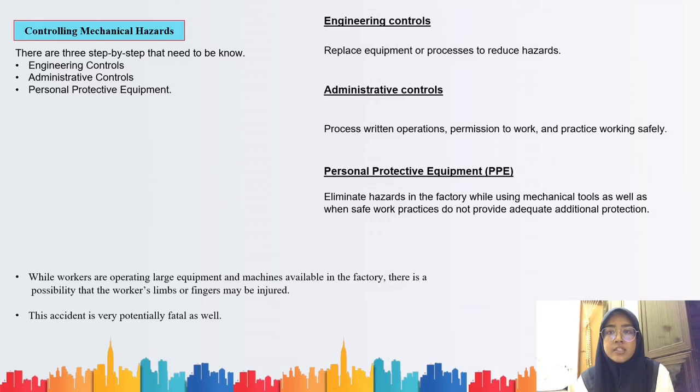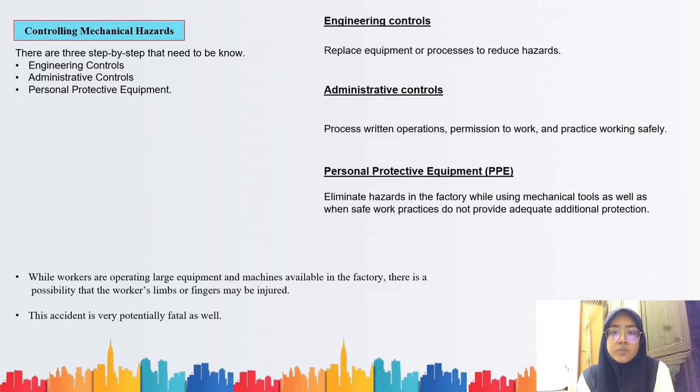So engineering control is replacing equipment or process to reduce hazard. Administrative control is process, rights and operation, permission to work, and safe work practice. Personal protective equipment, PPE, is used to eliminate hazard in the factory while using mechanical tools, as well as when safe work practice does not provide additional protection.